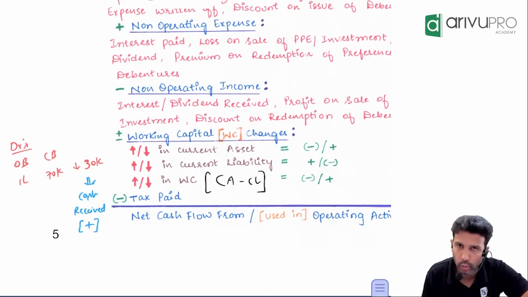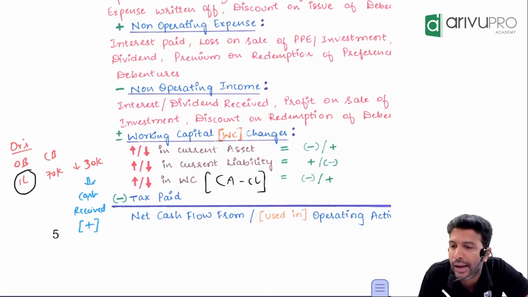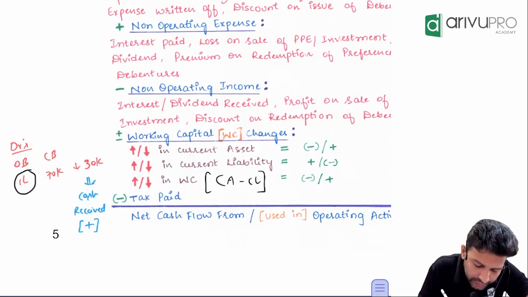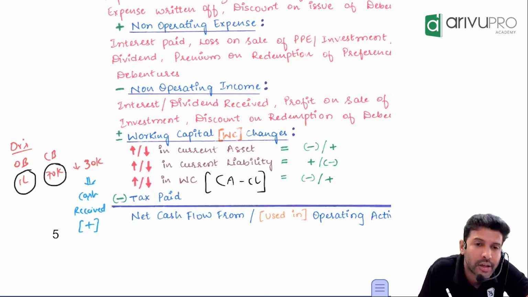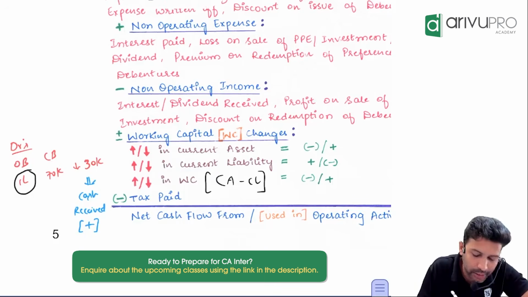So what you have to do is, let us say the opening balance of debtors is 1 lakh in the question's balance sheet. Assume the current year balance sheet says the value is 70,000. At the year beginning it was 1 lakh; at the year ending it has become 70,000. So it has decreased.